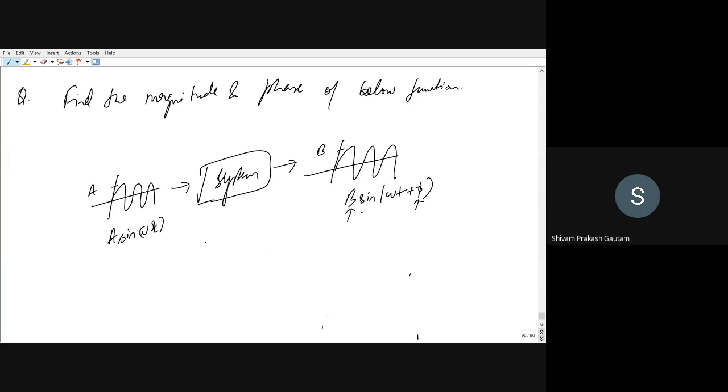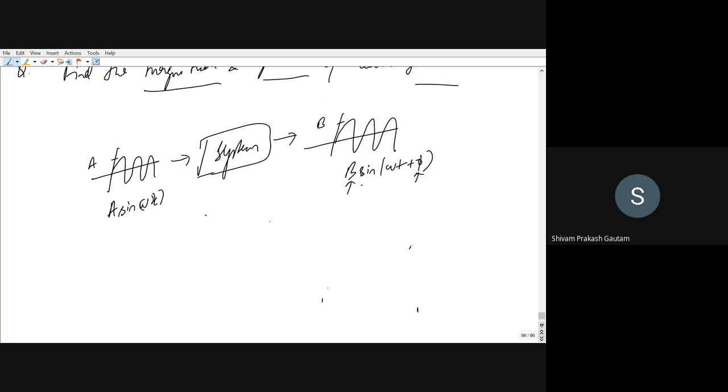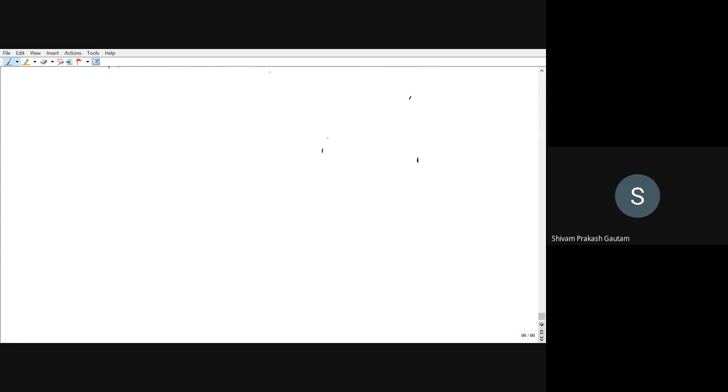So we have already started, and right now we will be seeing how to calculate the magnitude and phase of the below function. I will be providing you some complex numbers, and we will see how to calculate their magnitude as well as their phase. For example, our first is f is equal to 1 plus j.